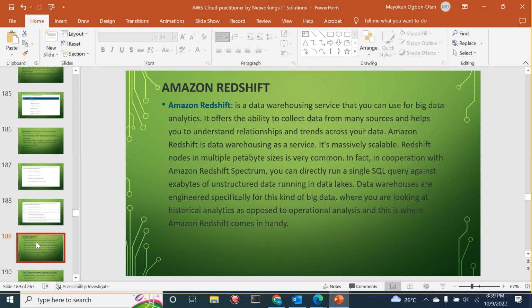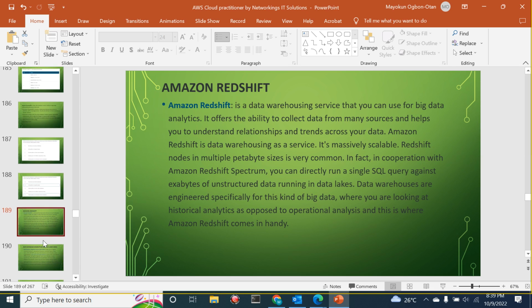Just understand that Amazon Redshift is for data warehousing. One of the reasons why we touch these things is that when the name comes, you should be able to pick one or two things about them. Thank you.